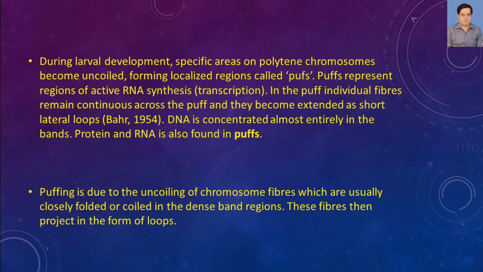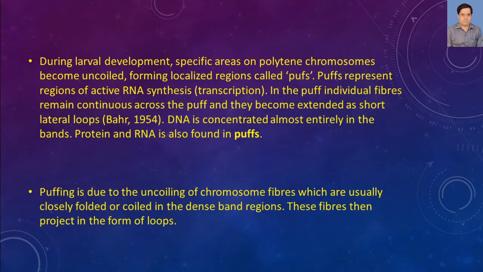It has been seen that during the larval development of Drosophila, specific areas on the polytene chromosome become uncoiled, forming localized regions called puffs. The puffs represent regions of active RNA synthesis, also known as transcription. So these puffs, which become uncoiled and very large in size, are actually sites of transcription or RNA synthesis.